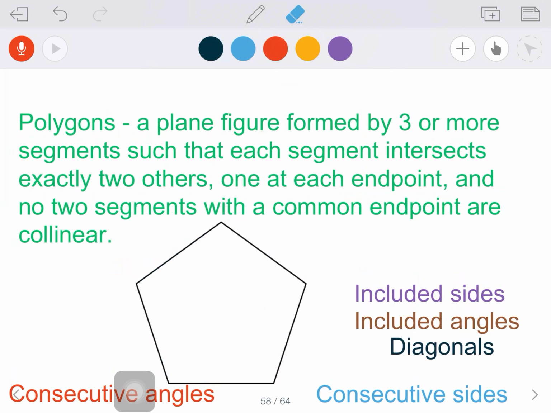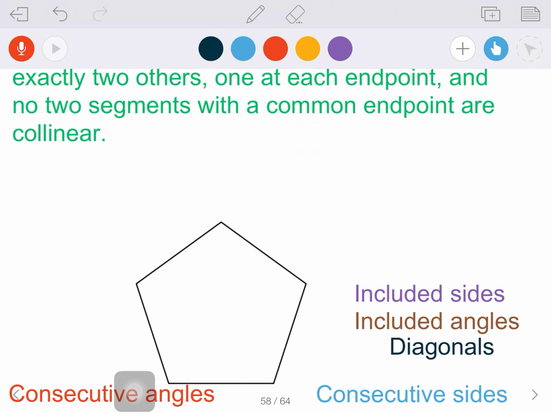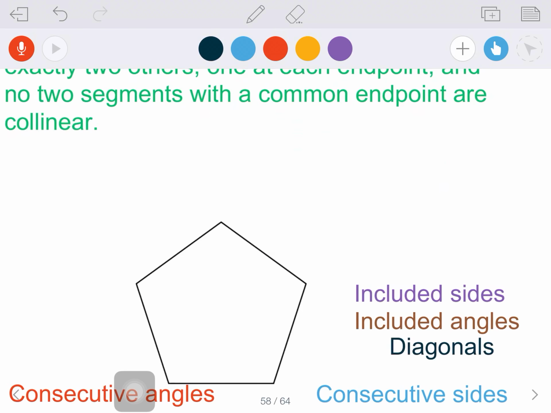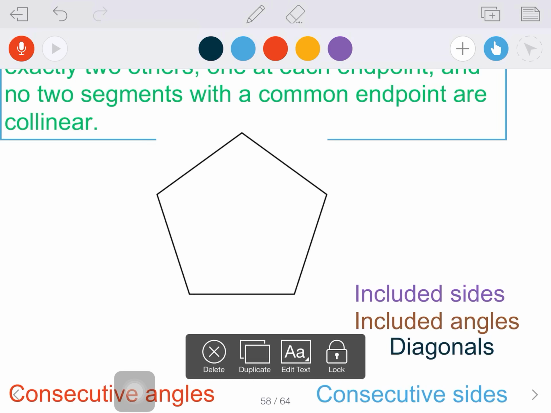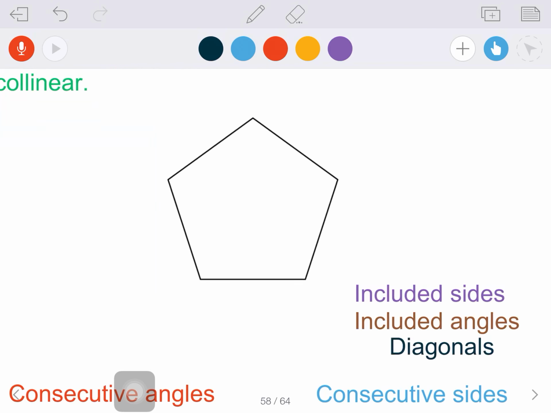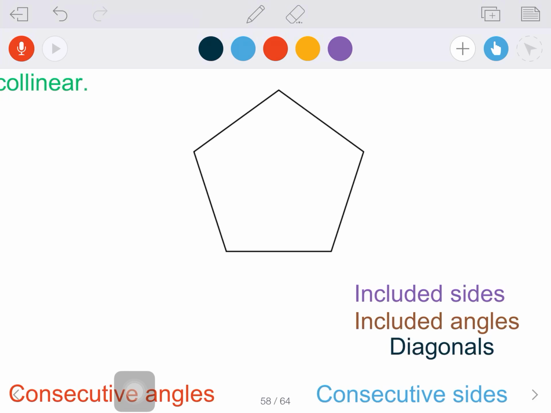Now, let's try to identify some parts of a polygon. This polygon, as we mentioned, has five sides. So again, I will write these points here: A, B, C, D, and E. By the way, these points are called vertices of the polygon.